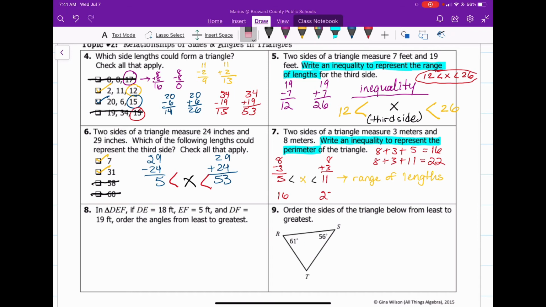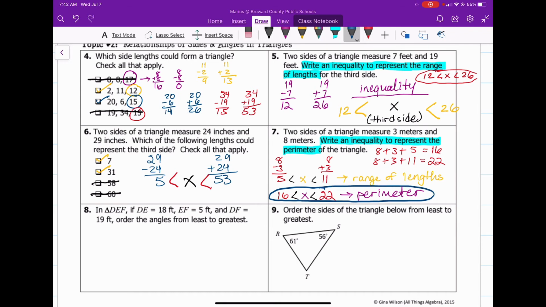Let me write that a little better. So this is for the perimeter, and that's the answer that we're looking for. This is the inequality for the perimeter that we wanted.